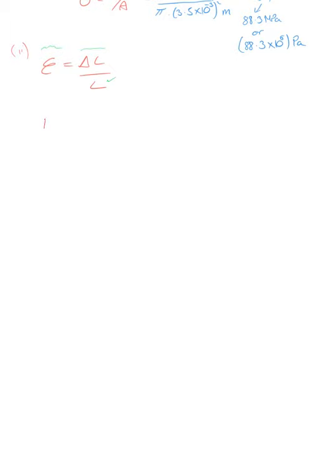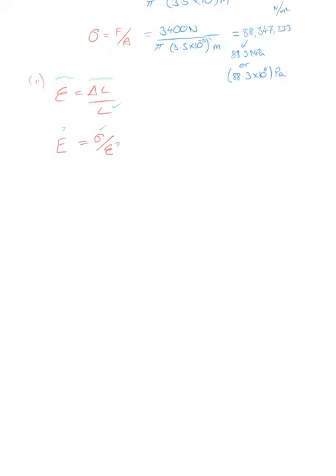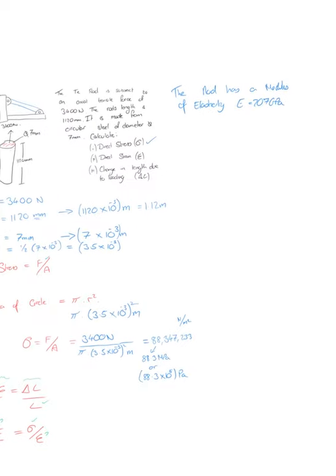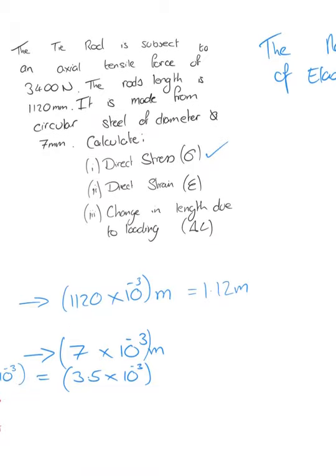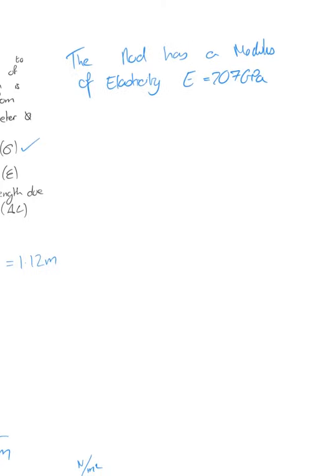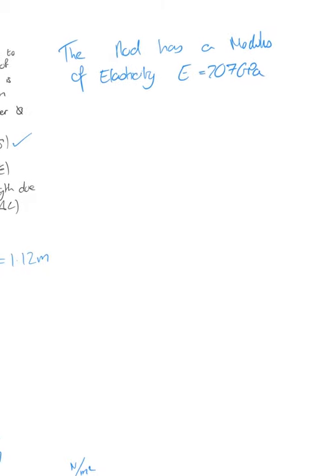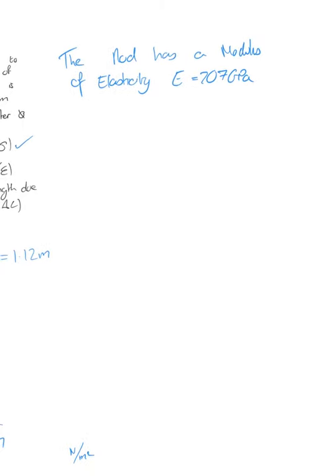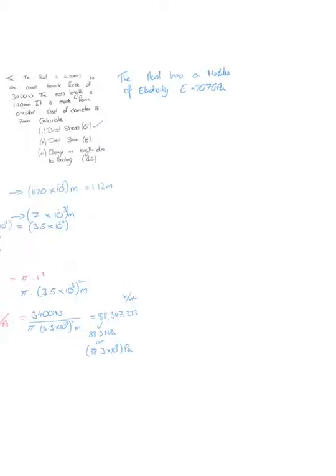I know E, my modulus of elasticity, or Young's modulus, is equal to stress over strain. I know my stress. I don't know my strain. I need to read through my question and see my Young's modulus. So in the initial bit, we weren't told Young's modulus in there. But further on in the question, we are told it has a modulus of elasticity equal to 207 gigapascals.